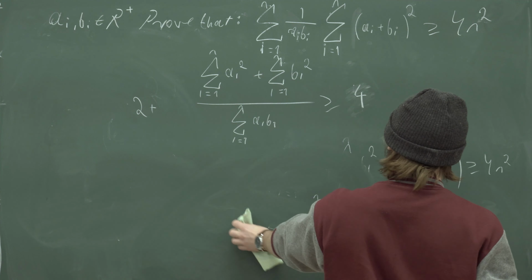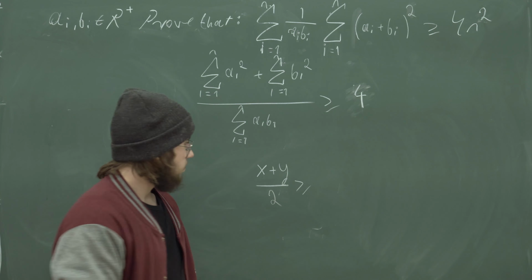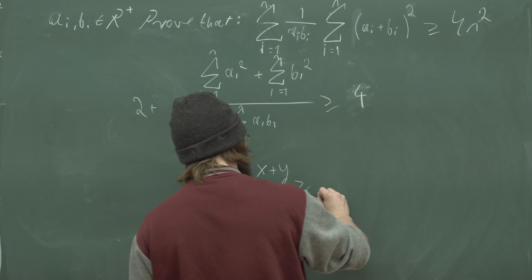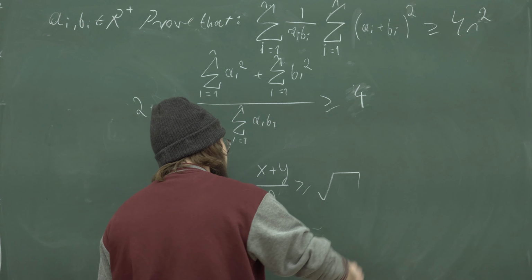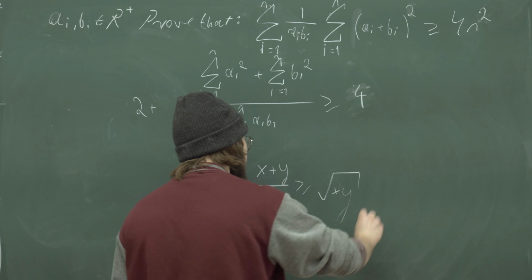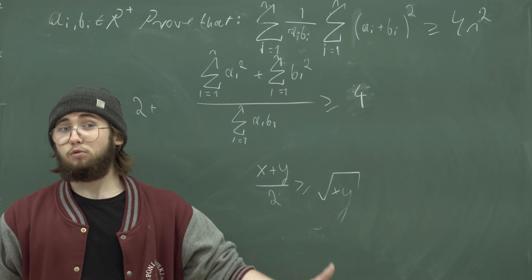Well, it states that if I have two variables, let's say x and y, and I divide those two variables by 2, so I take the arithmetic mean of them, it is going to be greater than or equal to the geometric mean, and so the square root of the product.